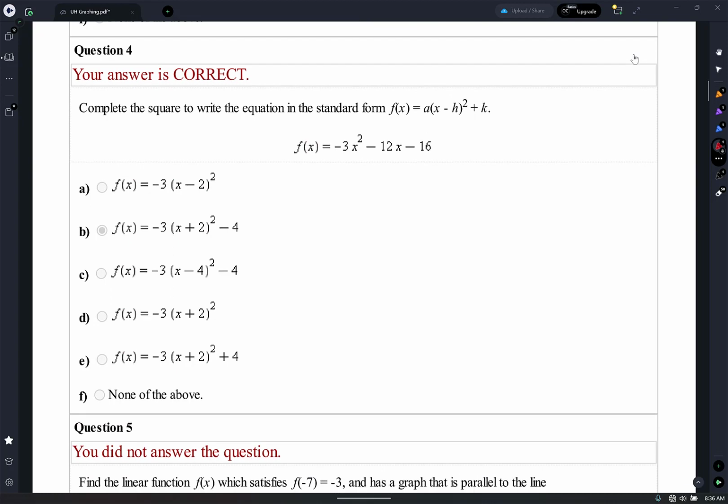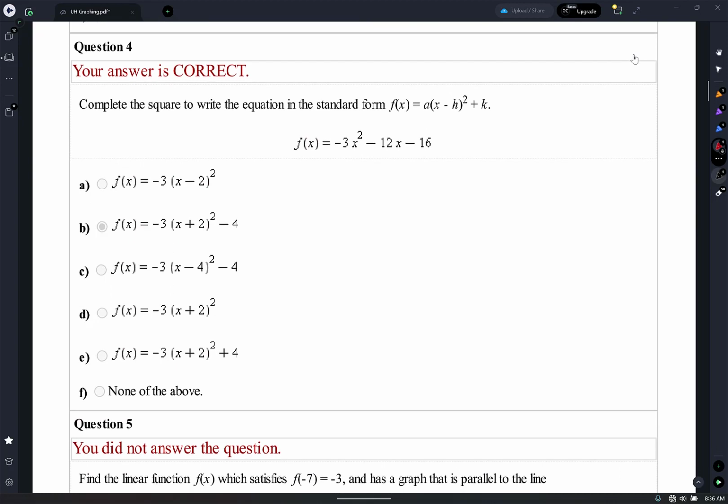Complete the square to write the equation in standard form. Okay, ready? I'm going to group the first 2. What am I going to factor out? A negative 3. Factor out a negative 3. X squared plus 4x plus blank minus 16.